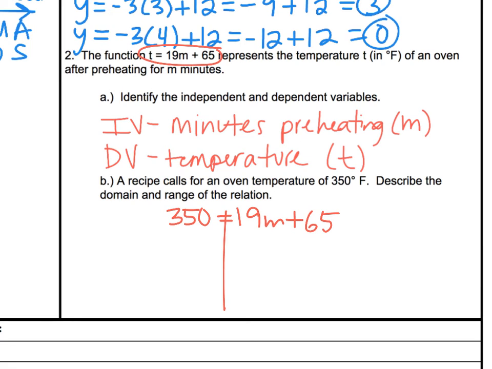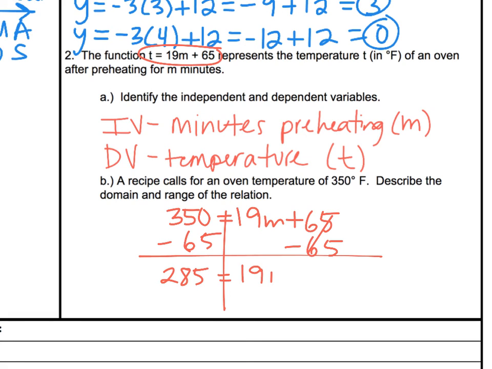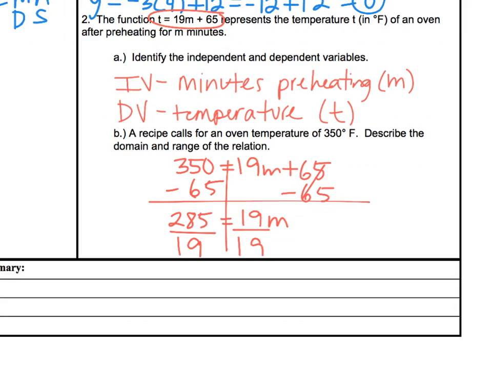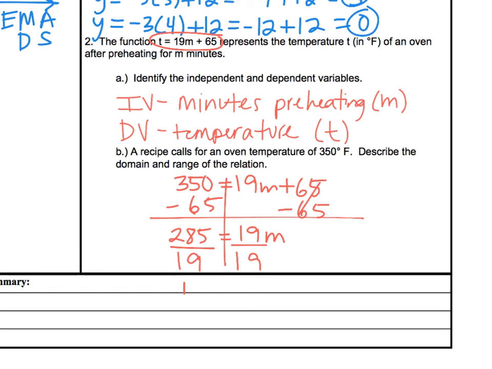So we always add or subtract first, then multiply or divide. I see adding, so I'm going to subtract. I see multiplying, so I'm going to divide. What would that give me? 15. 15 is equal to m.